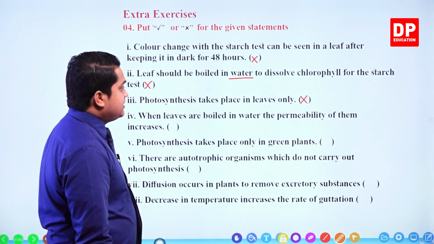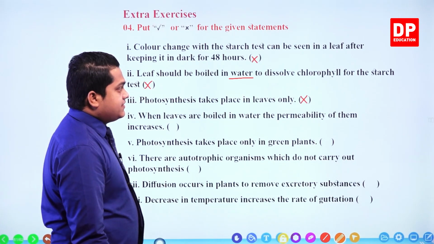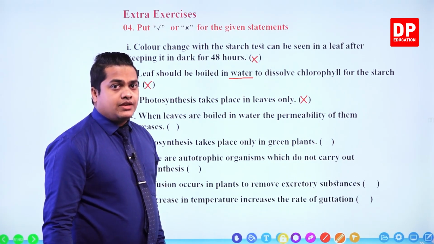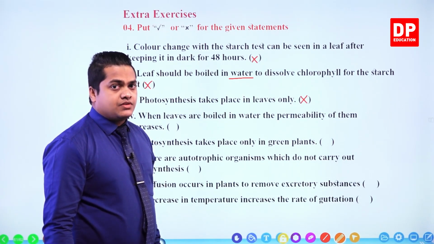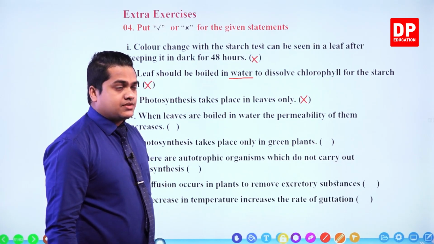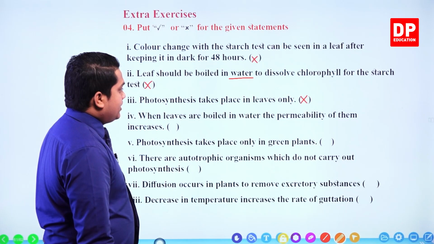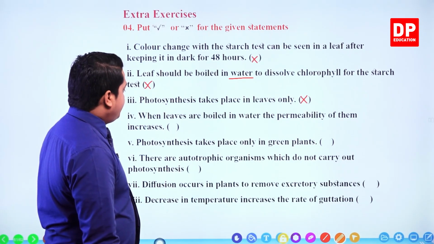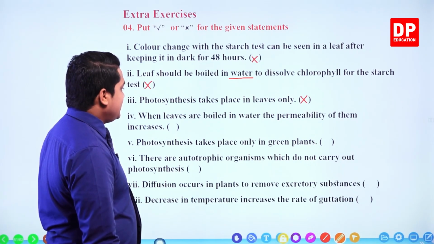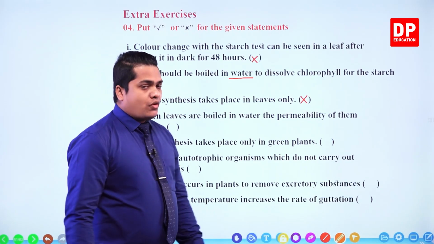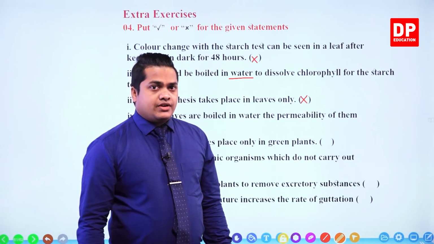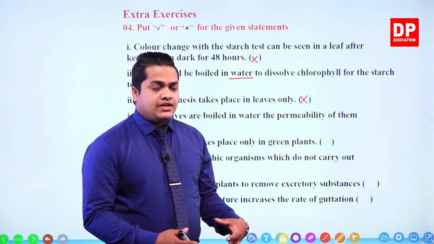Photosynthesis takes place not only in leaves but also in stems. We can observe the photosynthesis process. When leaves are boiled in water, the permeability of them increases. That is correct. When I boil a leaf in water, you know that cell walls are breaking down.